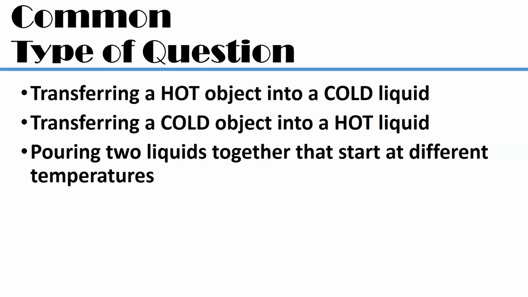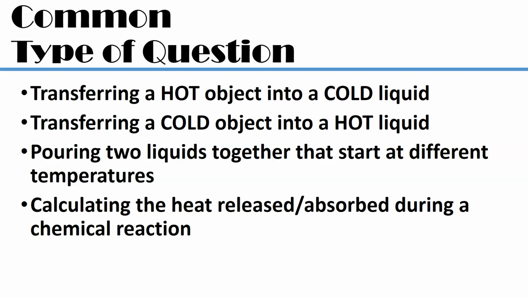Or you could do the heat that's either absorbed or released during a chemical reaction. And so these are all varieties of problems you might see, but they're all going to be solved in almost exactly the same way. They're all going to use the same technique of calorimetry to help us solve these problems.